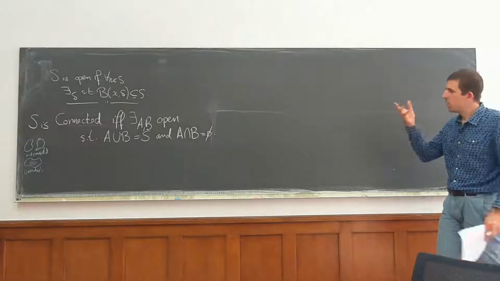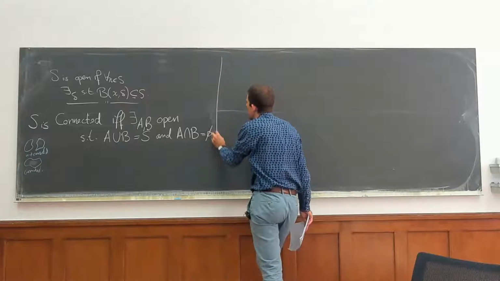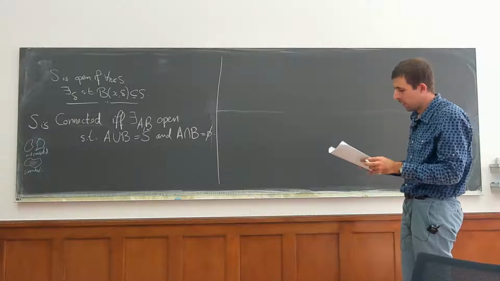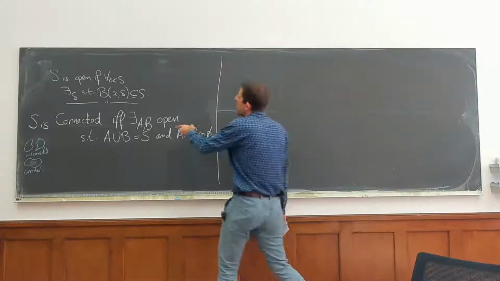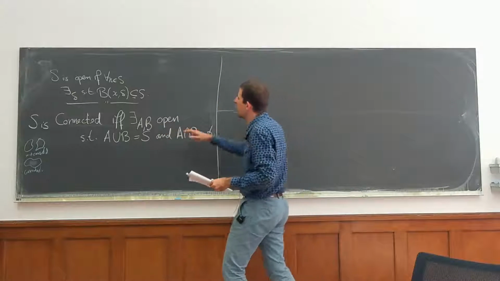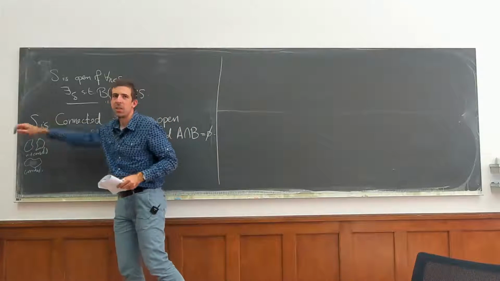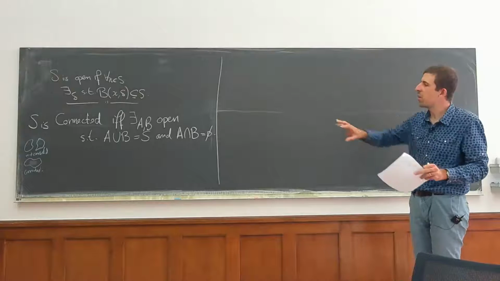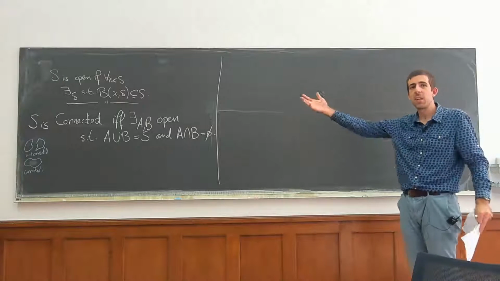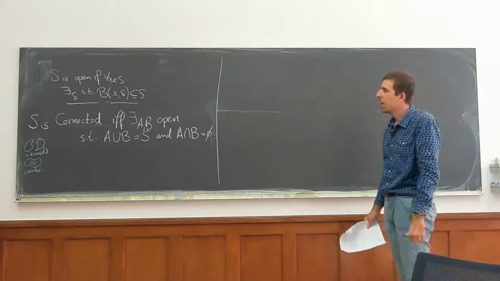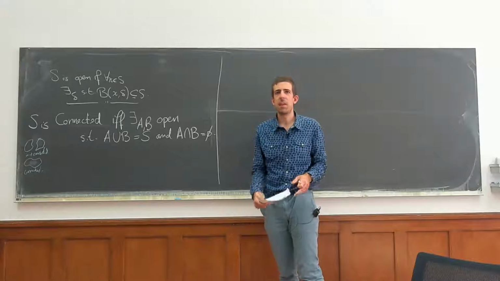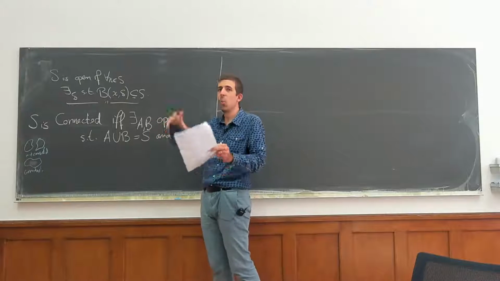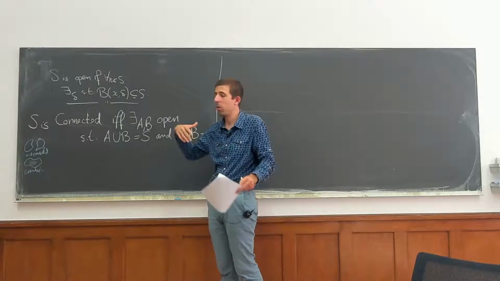Okay, and so now this is something I don't want to get into very much, but by open here, what I mean is that they're open in the topology in S, right? So if I think of S as my entire space, then I can define open sets there and so on. If I think S itself as a subset, then the relative topology is just a set is open if it's an open set on the large set, right?